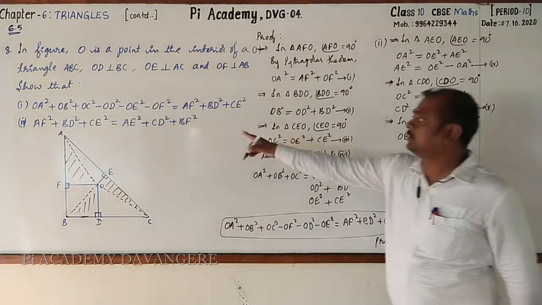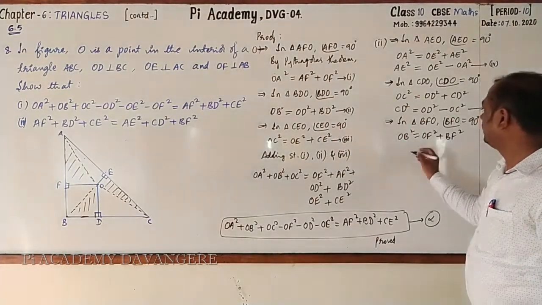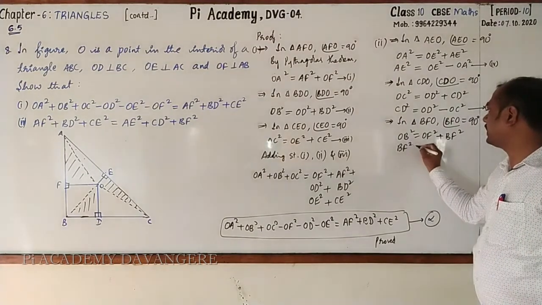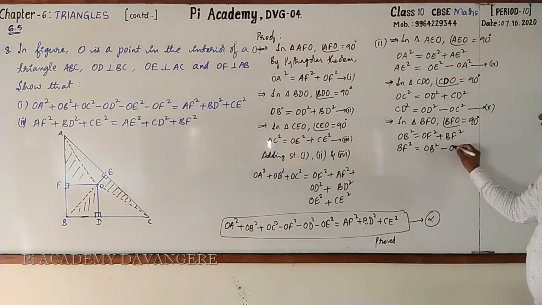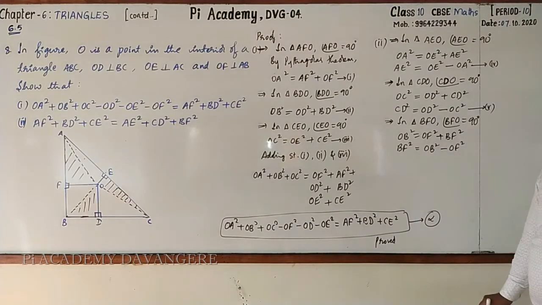We want BF square. I'll solve that. BF square is equal to OB square minus OF square. Clear? You may call this statement 6.